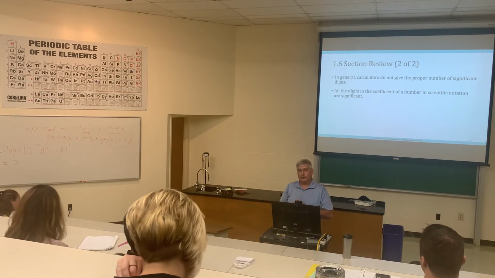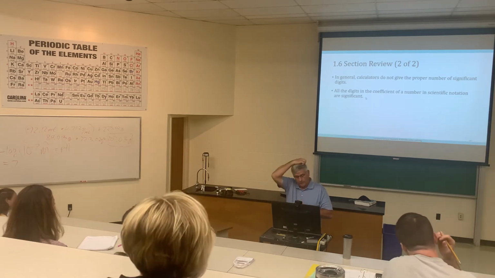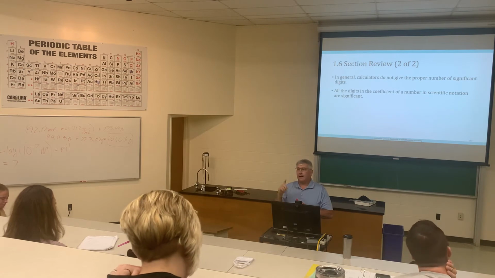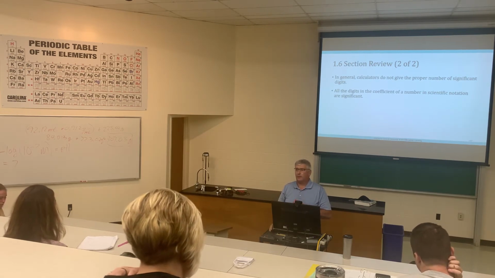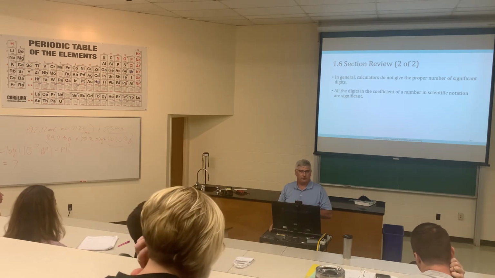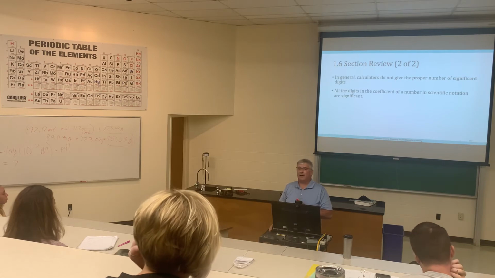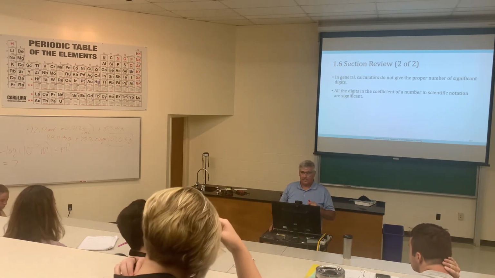You have to do that on your own. And all digits in the coefficient of a scientific notation are significant. If I have a counting number, how many significant figures does it have? As many as you need. If you have a definition, how many significant figures are there? As many as you need.